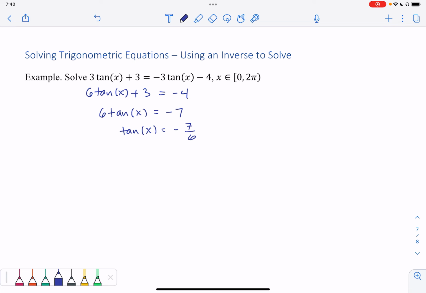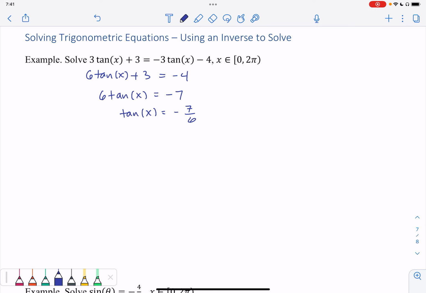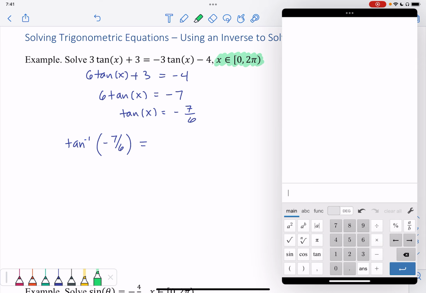So this is not a unit circle value for tangent that I'm familiar with. So here I'm going to want to use my inverse function. So I'm going to do tan inverse of negative 7/6. Because they want my answer in radians here, when I pull up my scientific calculator, I'm going to switch it into radian mode.